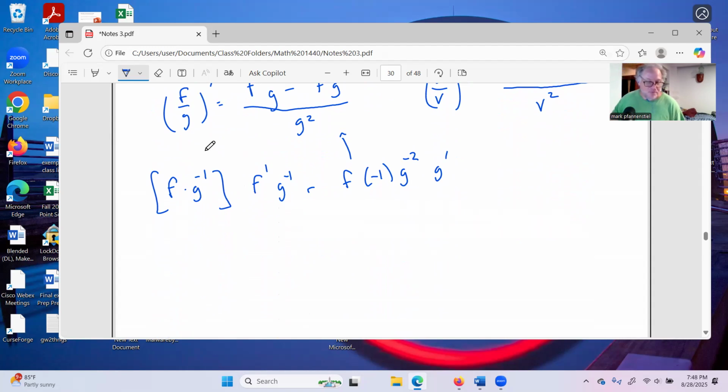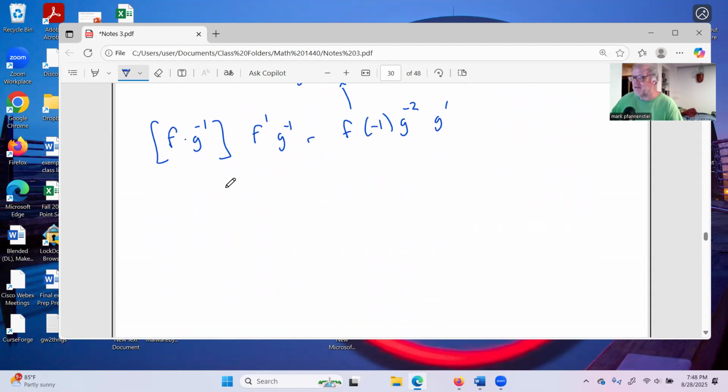Okay, so let's do a couple of examples here just to kind of warm this up. So if I want to take the derivative of, let's say, x squared e to the x over 3, okay, and I want to take the derivative of x squared e to the x over 3. So what we're going to have to do is we're going to take the derivative of the first one.